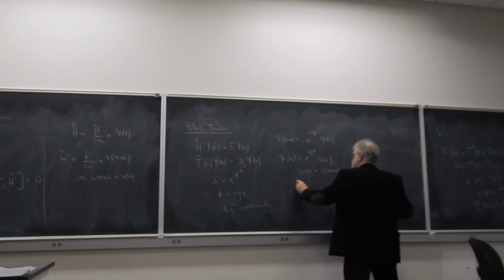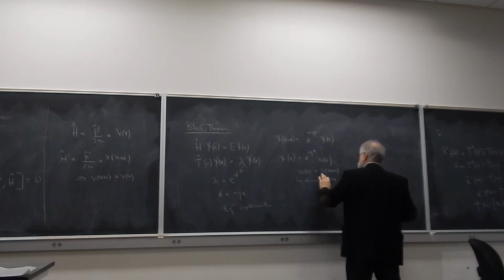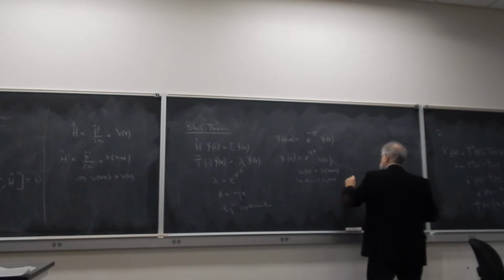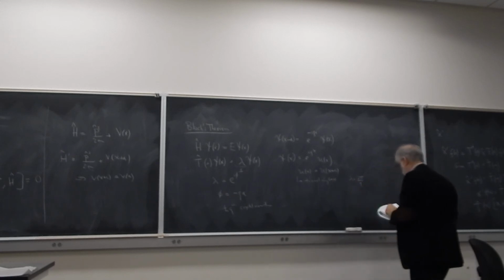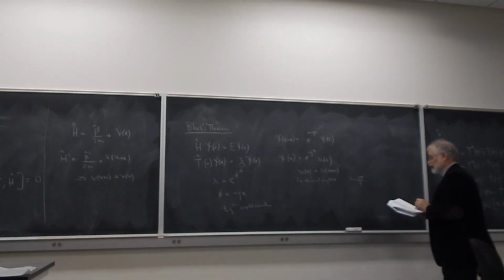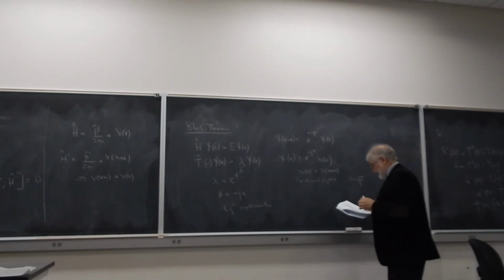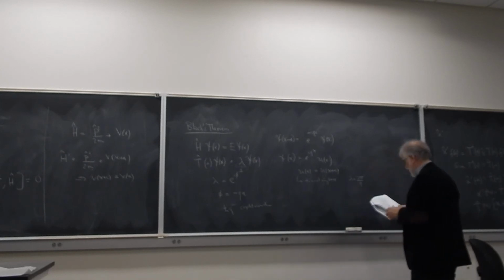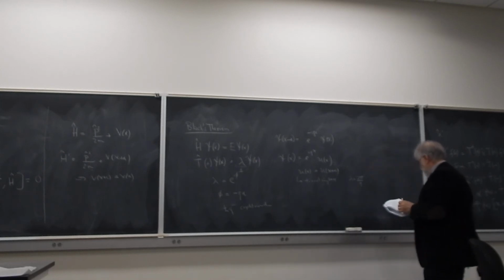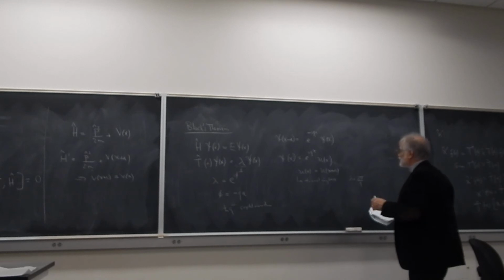e to the i q x represents a traveling wave with wavelength equal to 2 pi over q. This is Bloch's theorem. It says that stationary states of a particle in a periodic potential are periodic functions multiplied by traveling waves.